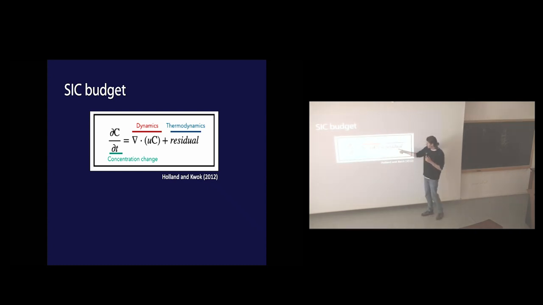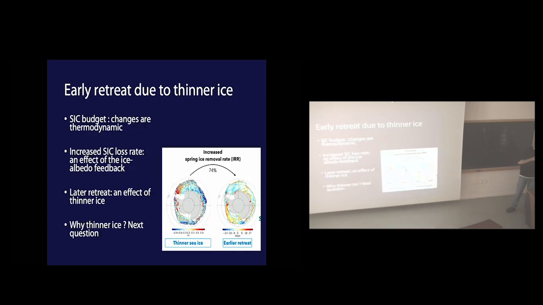And so you can calculate this, assuming that the budget is closed, and it's a residual, but if you think a bit about it, you discover that it's actually the thermodynamics, because there is no other reason why we would not close that budget.